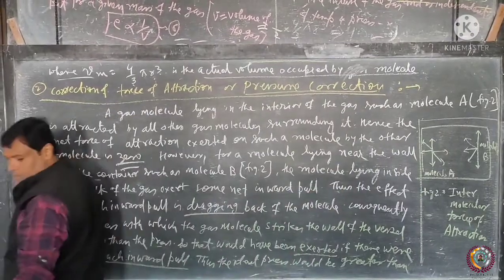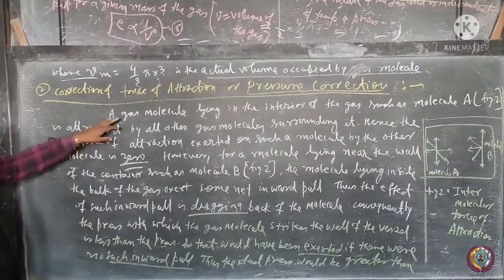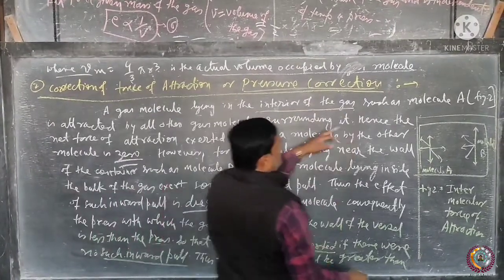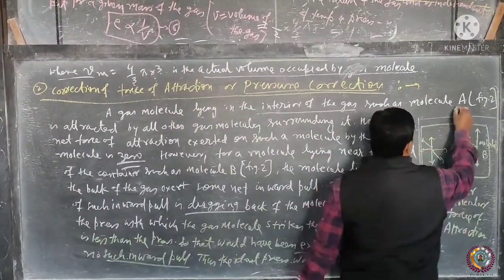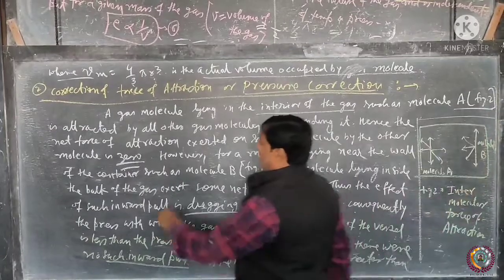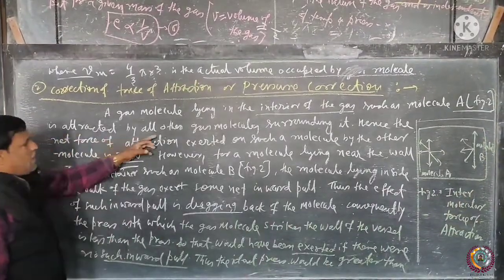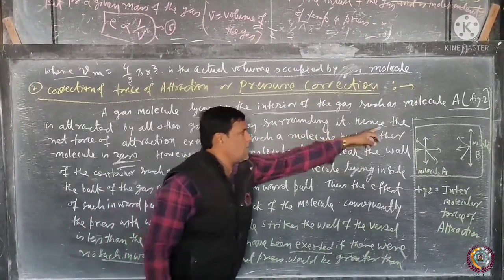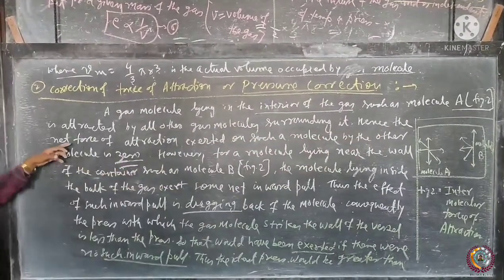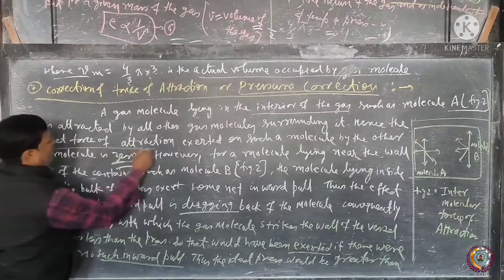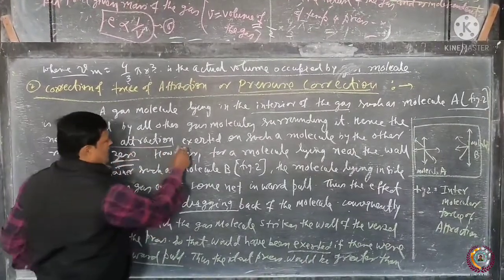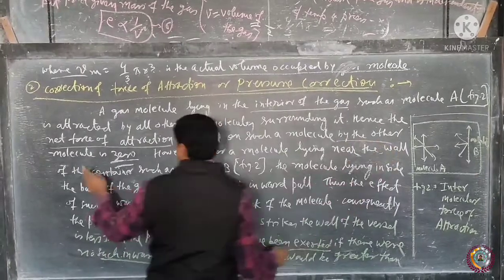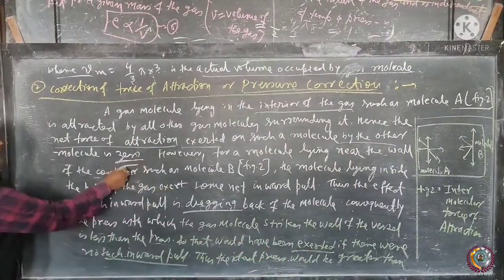Now, a gas molecule lying in the interior of the gas, such as molecule A in figure 2, is attracted by all other gas molecules surrounding it. Hence, the net force of attraction exerted on such a molecule by the other molecules is 0.